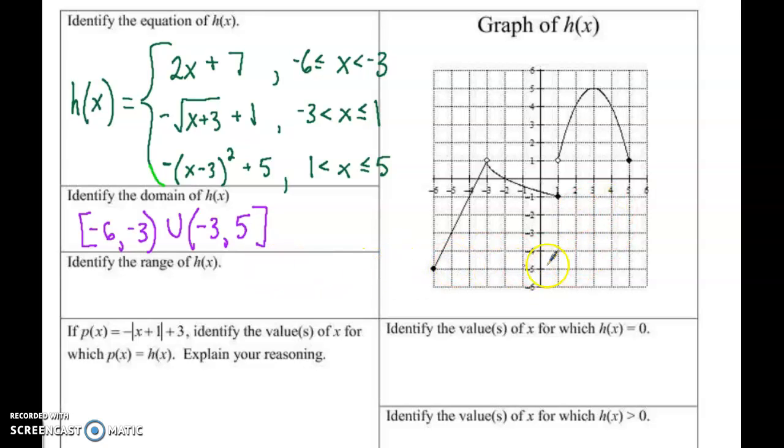Now the range is from the bottom to the top. So -5, if I'm counting correctly, is the lowest y value. And when does it stop? Some people say, well, it stops at y equals -1. That's true, but it's also defined directly above that. So all of these values are defined. Now some of you might say, well, this is an open circle, so we have to stop at 1. That is true, this is an open circle, but there is definitely a y value at y equals 1.